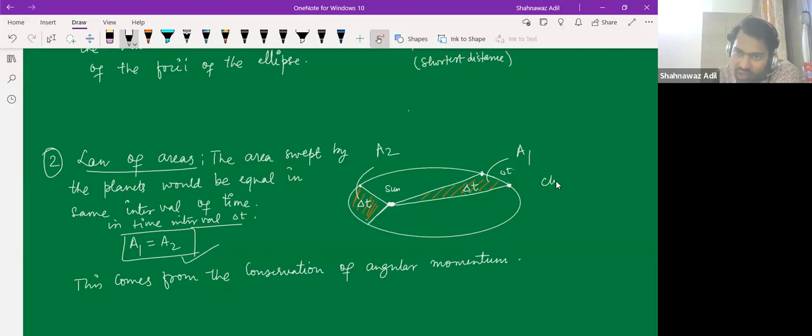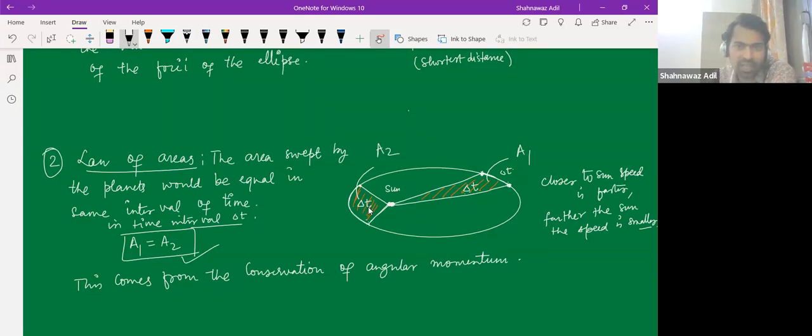Closer to the sun, the speed is faster, and farther away, the speed is smaller. So in here this will cover this distance, and in here this will cover this distance. That is why the area would be equal.